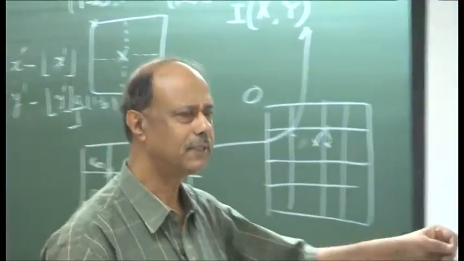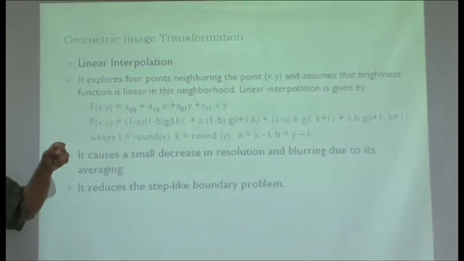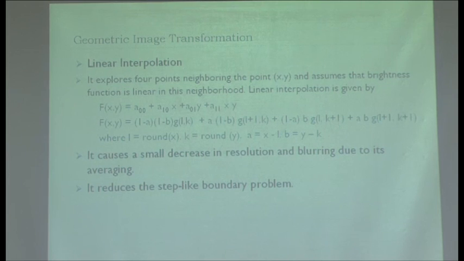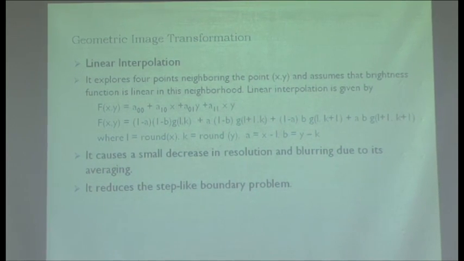That is the weight I am giving, because I have to give weight to each vector. Depending upon the distance from the coordinate, we are putting that weight.